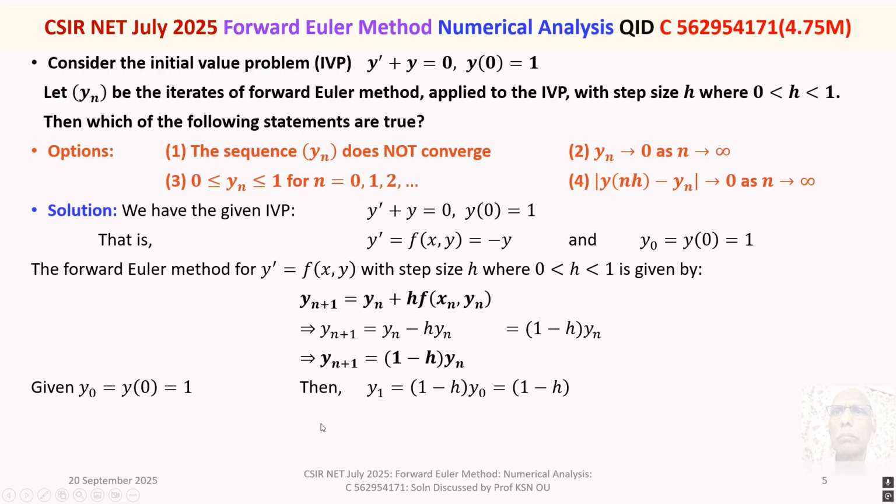For n is equal to 1, y2 is equal to 1 minus h into y1, that is equal to 1 minus h whole square. Continuing like that, in general, yn is equal to 1 minus h to the power of n, where n belongs to the set of natural numbers. We continue the discussion in the next slide.